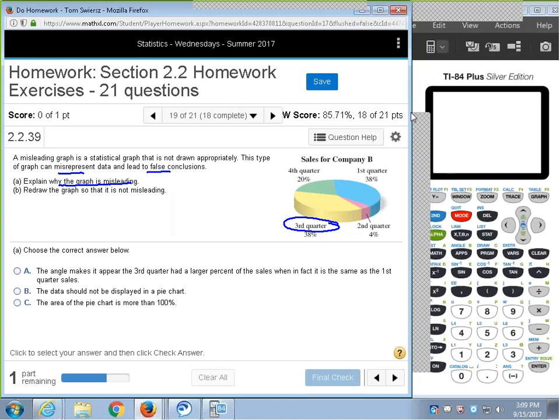But when it's drawn at an angle, this third quarter area is much bigger than the first quarter area, even though it should be the same, right? So the angle makes it appear that the third quarter has a larger percent of sales when it is really the same as the first quarter. Both are 38. So that is the reason why it's misleading.